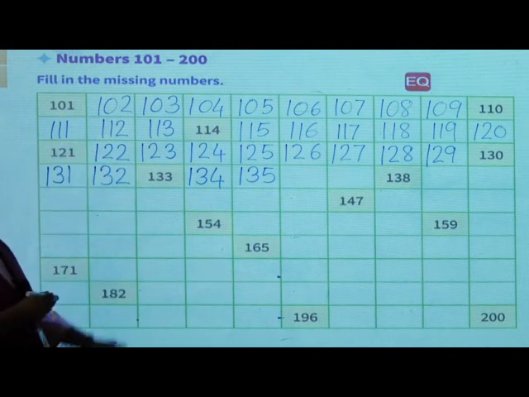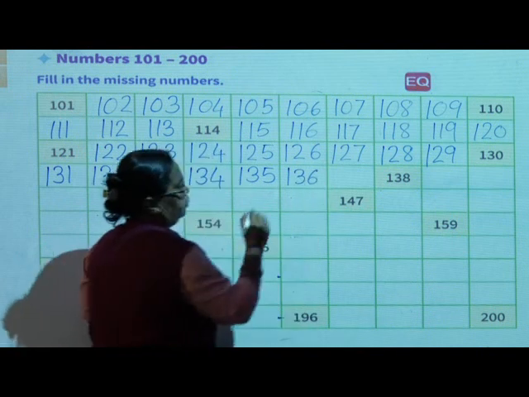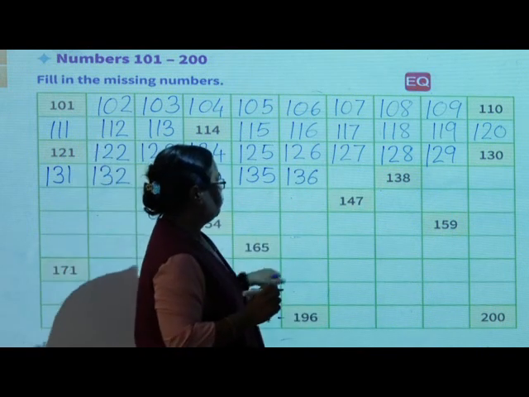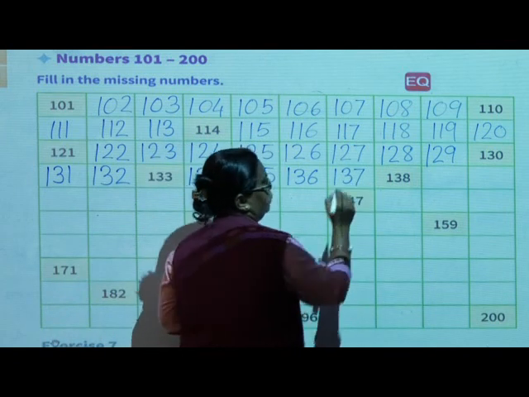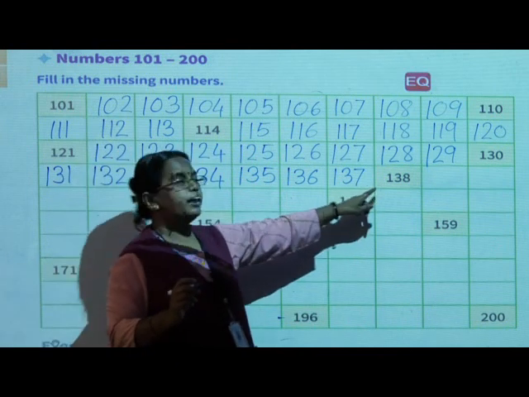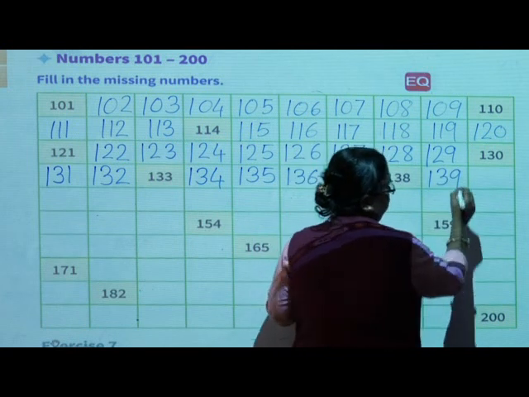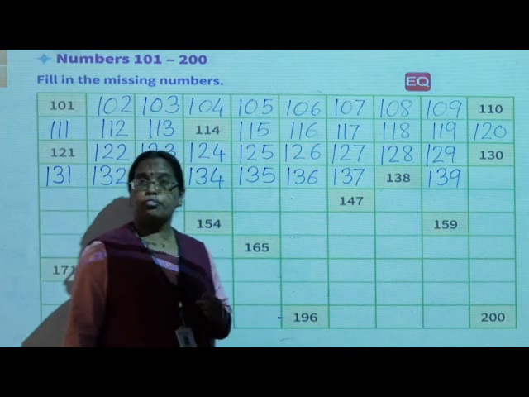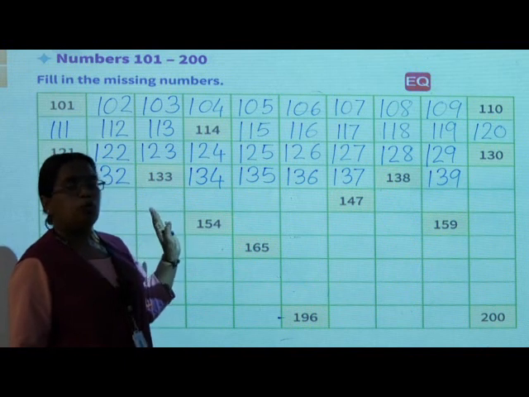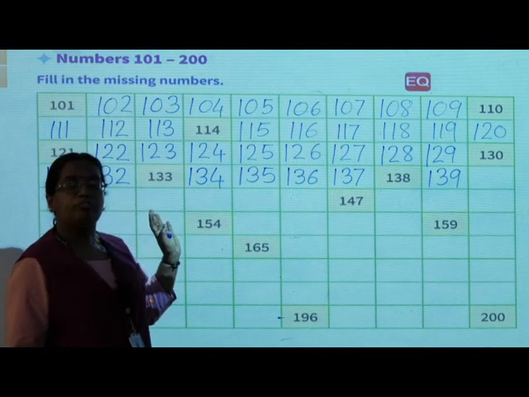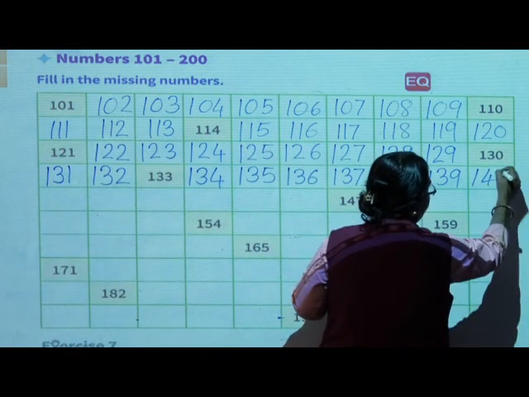Then after 135, 136. Then after 136, 137. Then 138 is given. 139. Then what will come? After 139, 150 will come. 151. No. What will come? 140. Yes, correct. So 140.